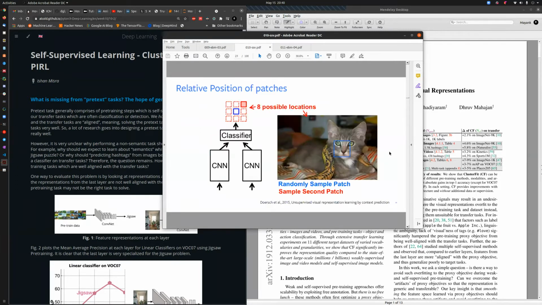So this is an 8 or 9-way classifier in which you have a blue box, and what it is trying to do by context prediction is learn the different relative positions of the patches.